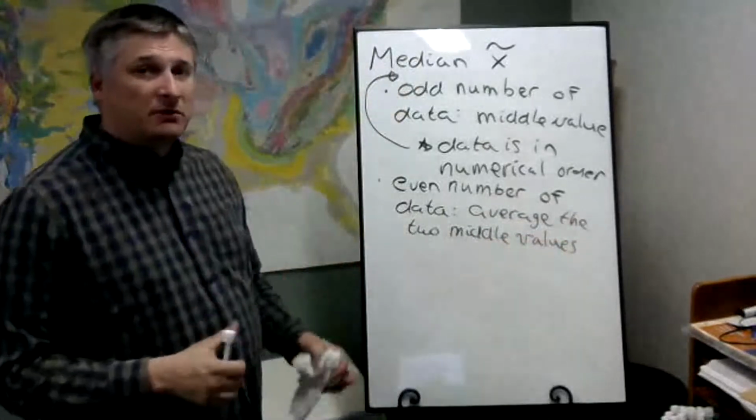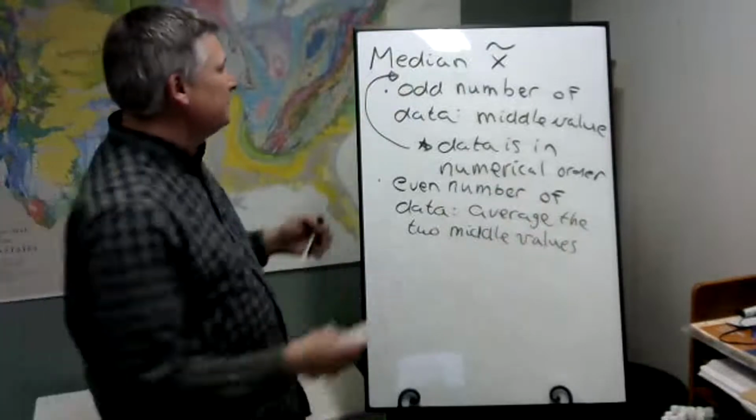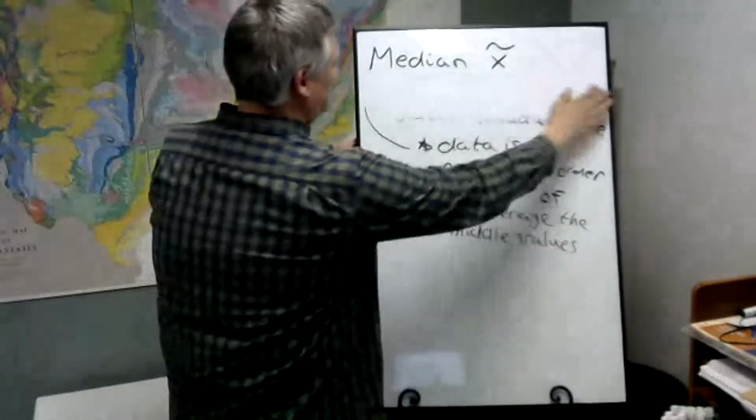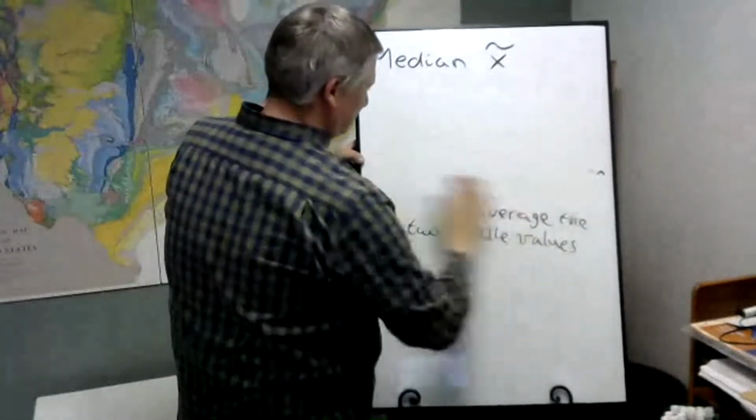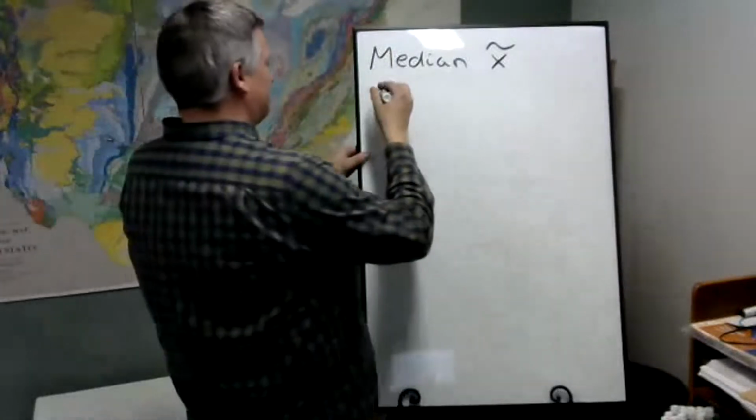We average the two middle values. So let me do some examples.